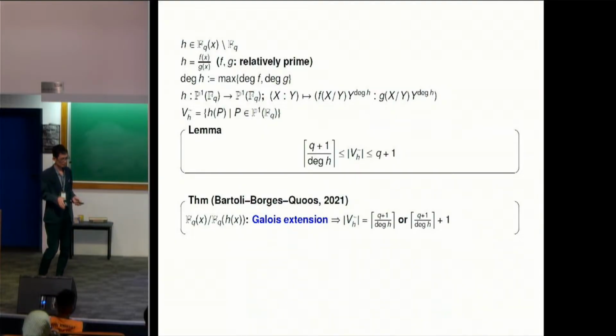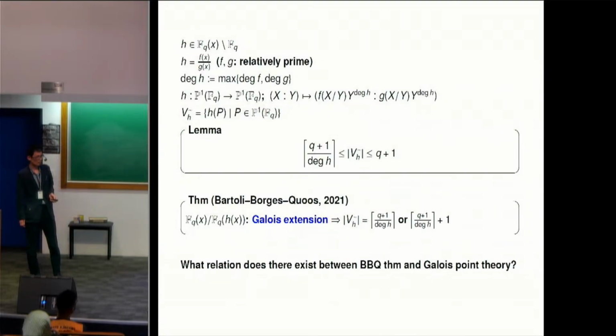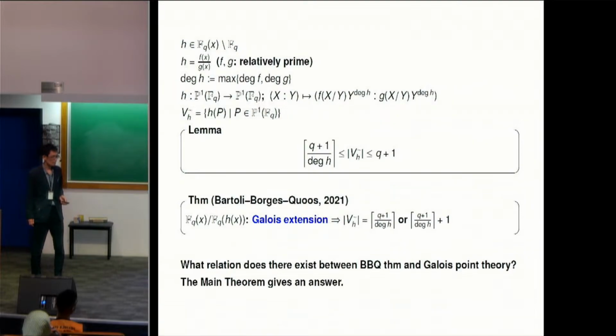They proved that the value set is very small. What relation exists between the Bartoli-Borges-Quoos theorem and Galois theory? The main theorem gives an answer.